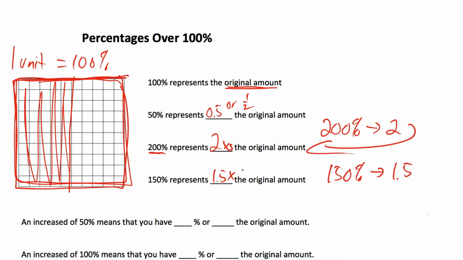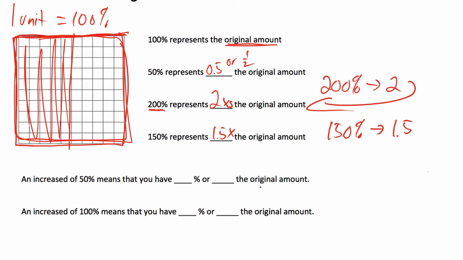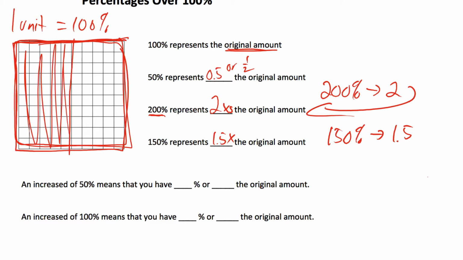Now you need to watch the wording with percentages, because if we say we have an increase of 50%, what that means is that you have 50% plus the 100%, you have 150%, or 1.5 times the original amount. Let's say a class has 10 students.